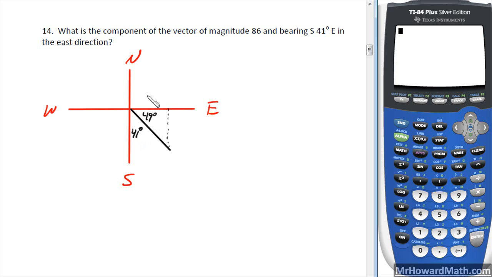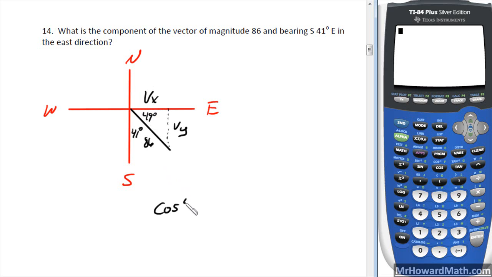And then the vector x component would be here, the vector y component would be here. So they tell us that it has magnitude 86, that would be the hypotenuse. So we'll set it up this way. We have the hypotenuse, we want the adjacent side from the 49 degree angle, so that'd be cosine.